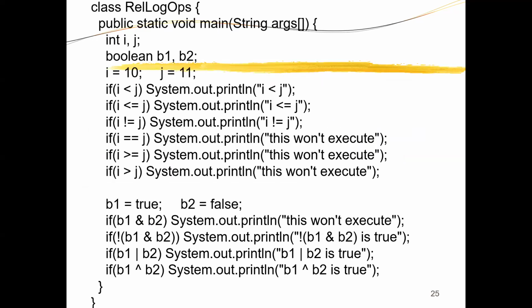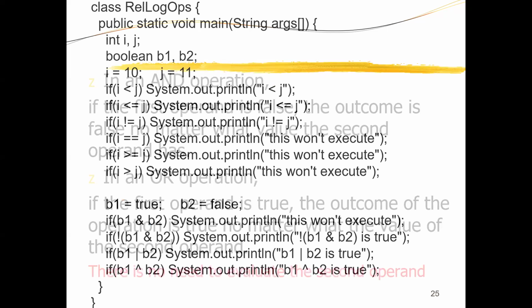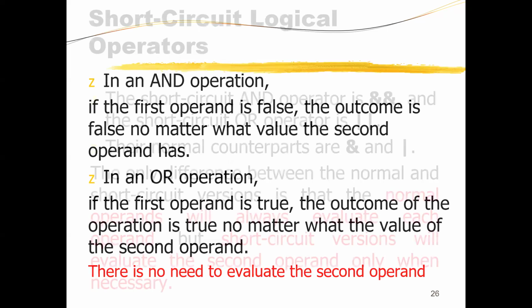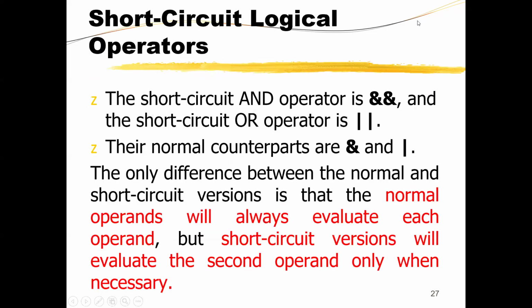And for the short circuit version, in the AND operation, if the first operand is false, the outcome is false no matter what the second value is. In the OR operation, if the first operand is true, the outcome is true no matter what the value of the second operand is. So there is no need to evaluate the second operand. In such scenarios, the short circuit versions come into play.